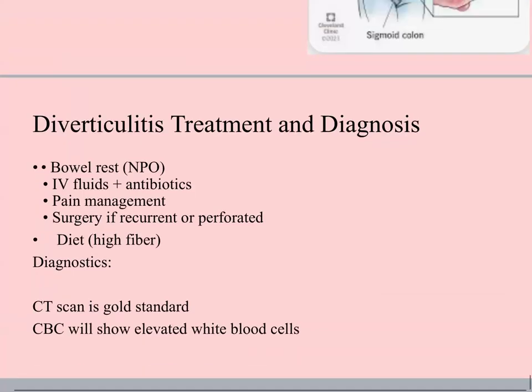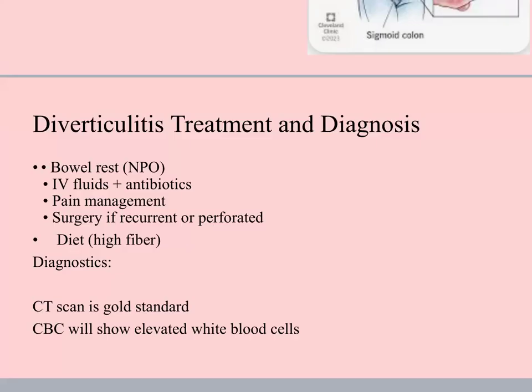For diverticulitis treatment and diagnosis, you guessed it, it's going to look like being NPO, IV fluids and antibiotics, pain management. If there is a perforation, somebody will need surgery. This can result in somebody needing a colostomy bag.